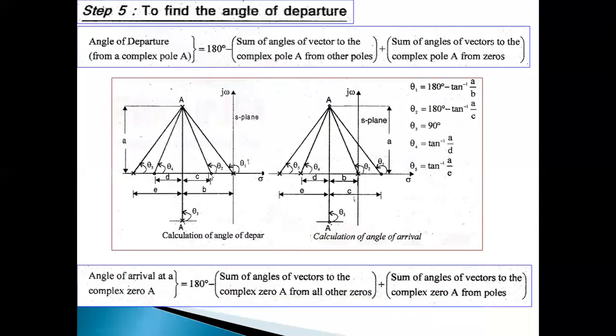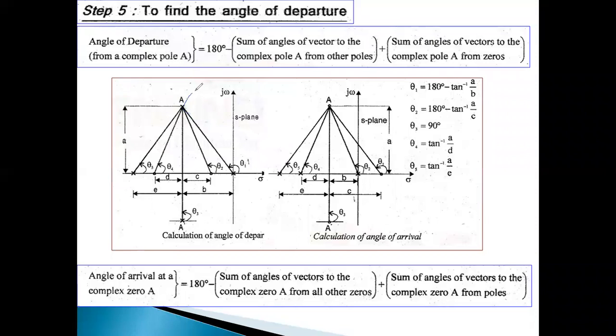So here it is. First, angle of departures. How to calculate angle of departure at this point? The root locus branch starts at this point and finally reaches infinity.